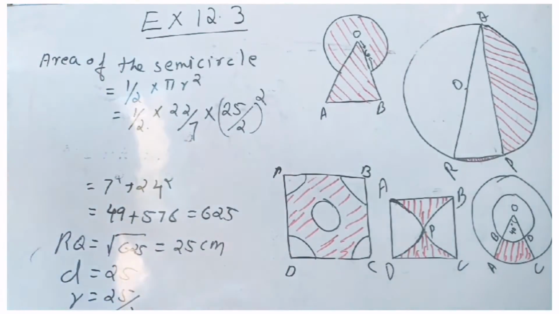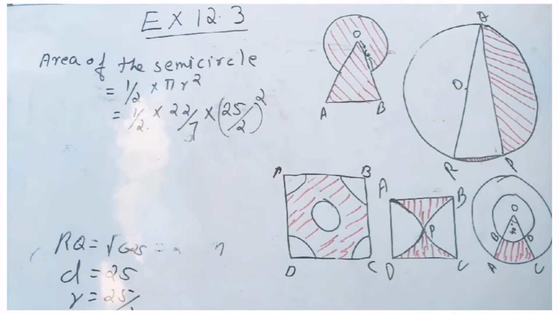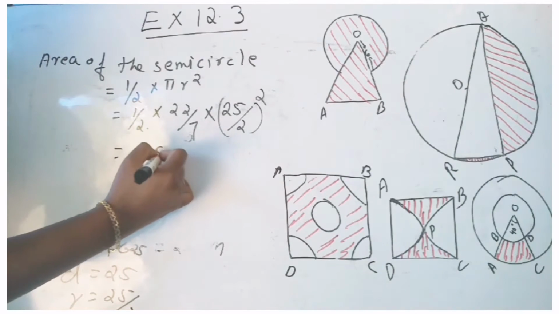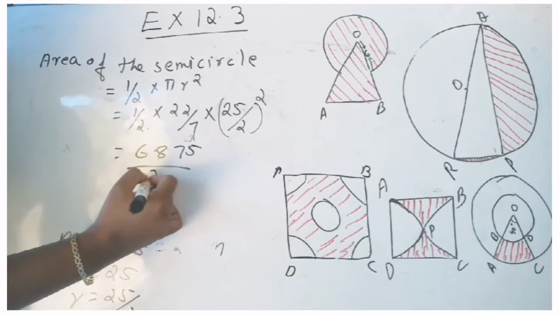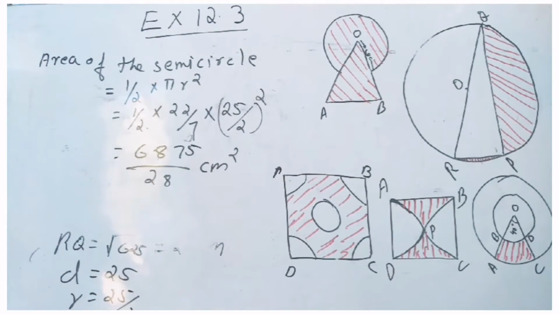That we will get as 6875 divided by 28 centimeter square. This is the area of the semicircle.